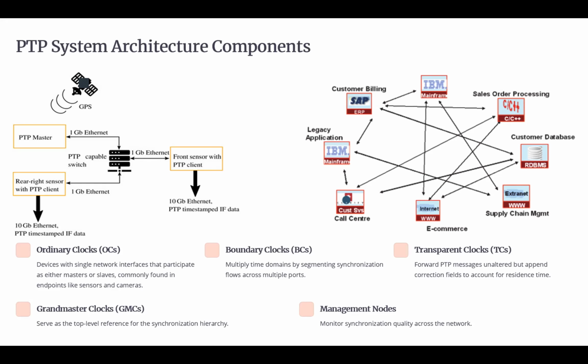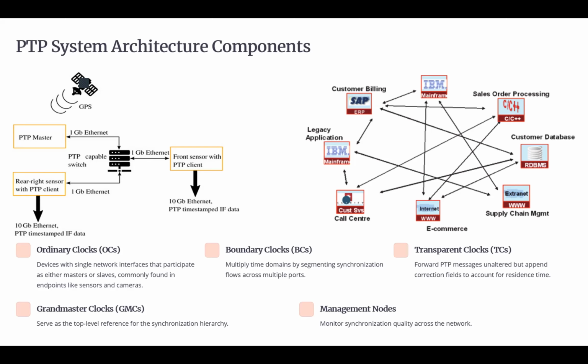We already covered those roles. Let's talk about how those roles connect to each other and create that PTP system. Now, we said we have the ordinary clocks. These are devices with a single network port that either sends time as a master or receives time as a slave.